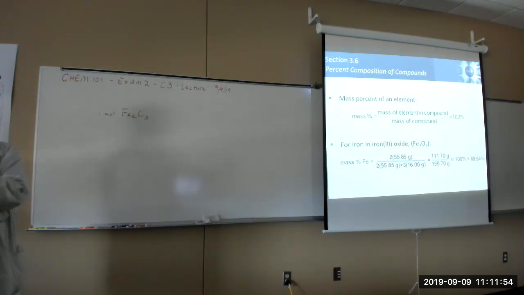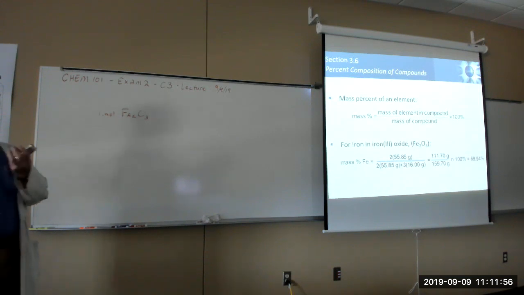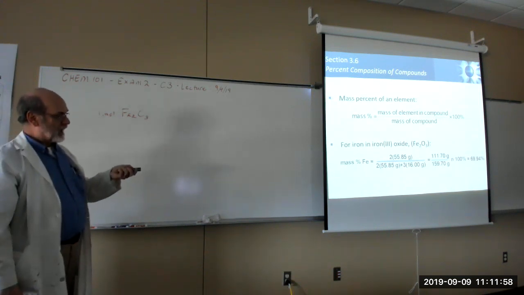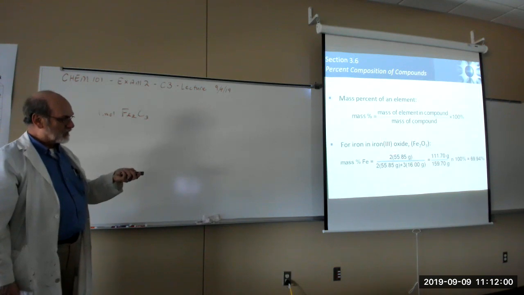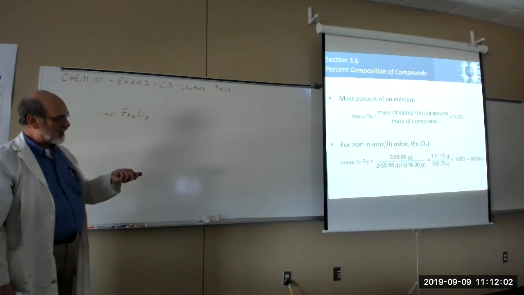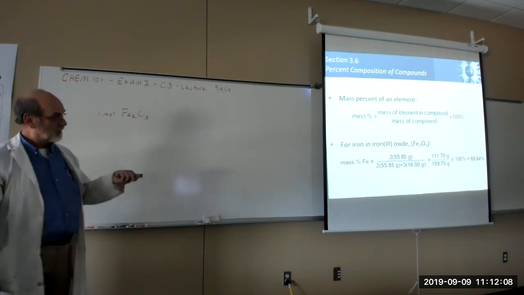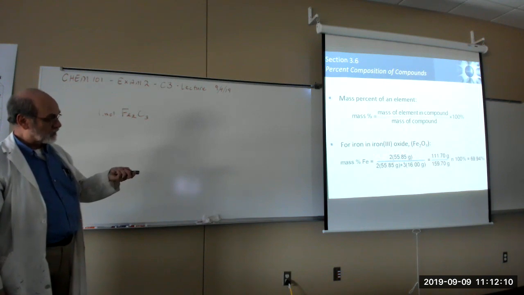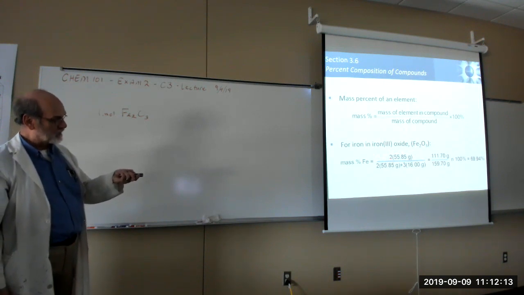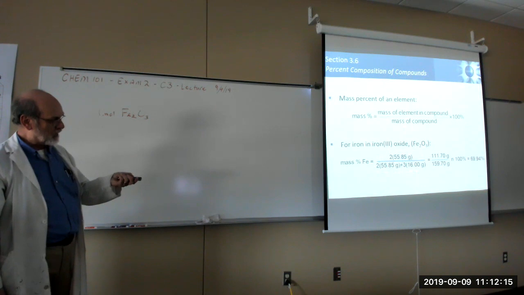So that's your total mass if you have a mole. If you have a mole and you're interested in the iron, then the mass of the element is 2 moles of iron for every mole of the compound, right? So you have 2 moles of iron up here weigh that much, and 1 mole of the compound weighs this much, right?